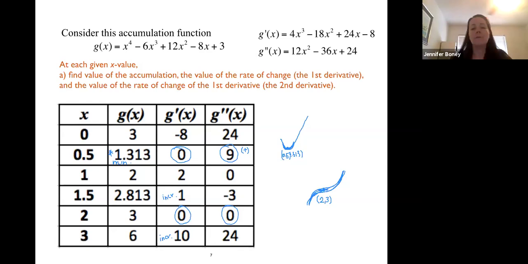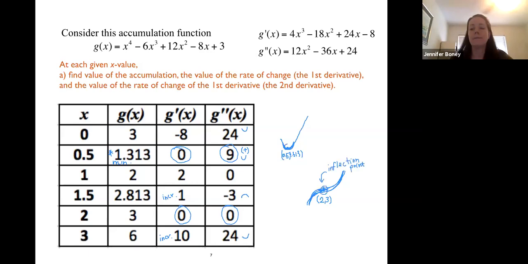If our graph is changing from turned down to turned up, or concave down to concave up, this is that inflection point we were talking about before, last class, where the curvature changes. An inflection point, and it's not curved up or curved down, it's changing from one to the other.